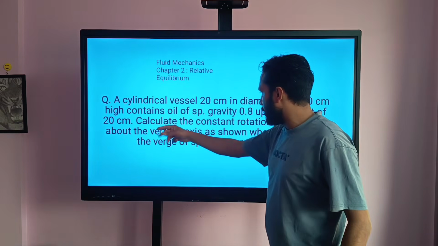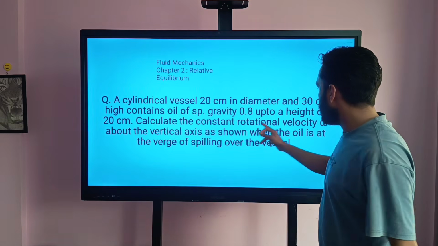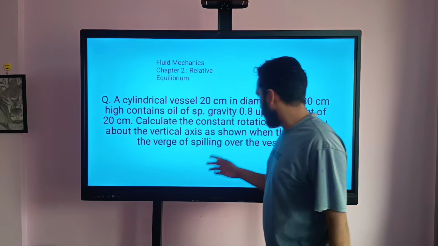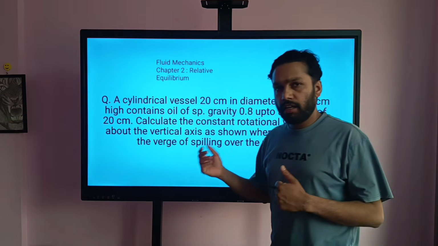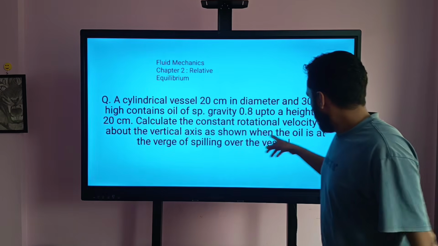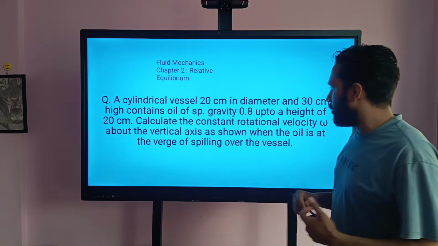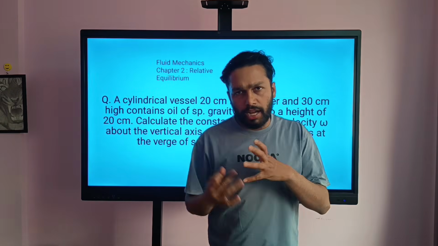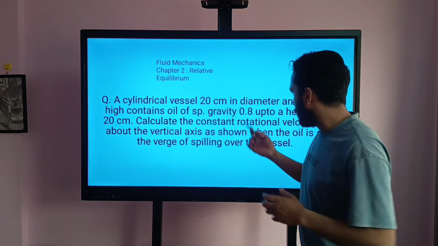The question asks you to find the constant rotational velocity omega about the vertical axis, as shown in the figure. The figure is given, and on the next slide I will show it to you. When the oil is on the verge of spilling over the vessel, find the angular velocity.